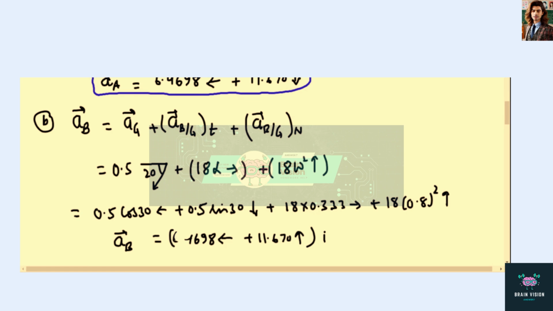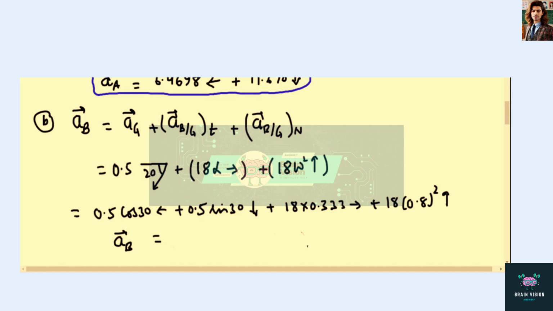I have noted down wrongly, so I am writing again. Just a moment, please. Bear with us. It is 0.4698 towards left. I'm again making a mistake. Just a moment, please.